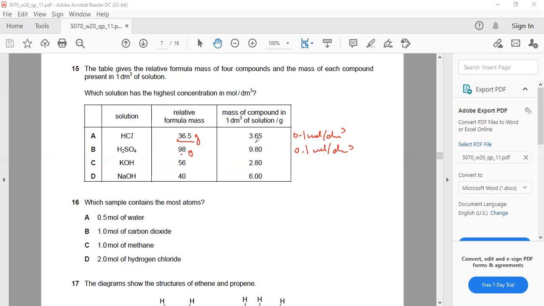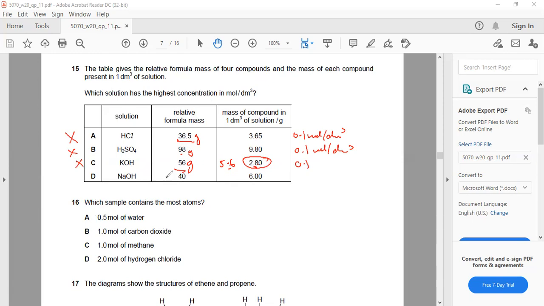So you are given gram per dm cube, I convert into mole per dm cube. 56 gram in 1 dm cube will be 1 mole, and for a moment, if it is 5.6 then it is 0.1, but it is less than 5.6, right? It is the half of 5.6, 2.8. So it means these two are the same, so they cannot be the answer.